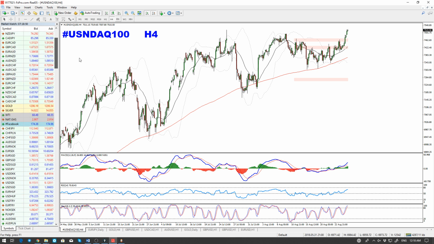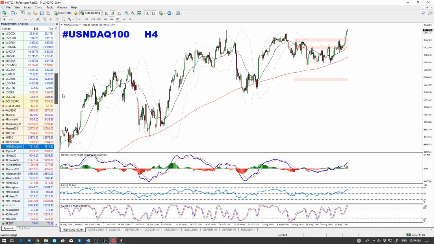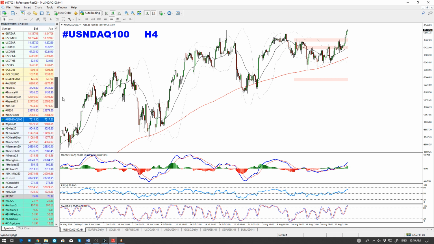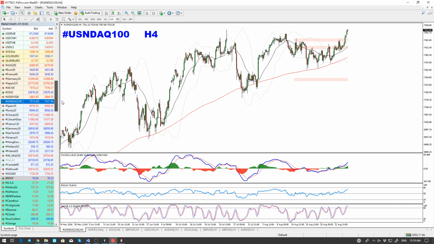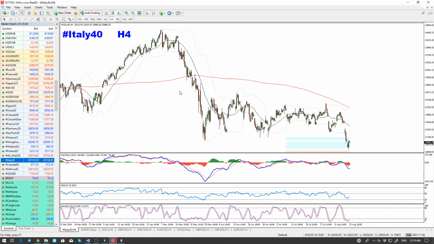No, where is it gone? Let's make it this way maybe. Italy 40. No, it doesn't work. Where my chart gun disappeared finally. Suddenly, not finally. Oh, here we go.